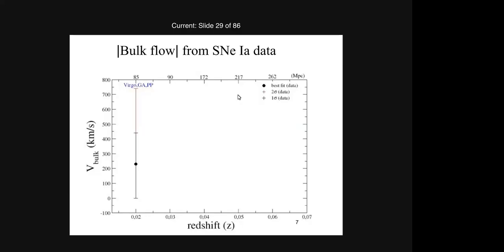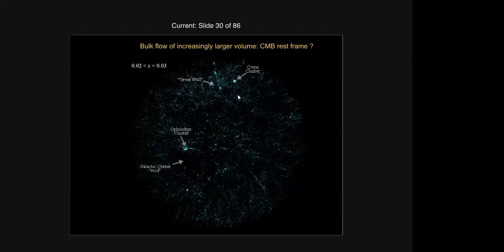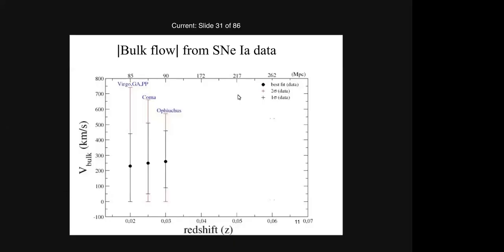This is the velocity of that volume, about 200 kilometers per second. And then I go away, and I add more structure, because now we can go further away. We have more and more observations. So we know that there is the Shapley supercluster, there is the Coma cluster. And then we see the velocity. So this is the velocity of that volume.